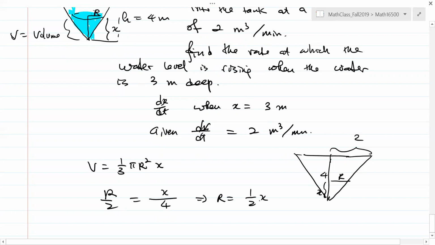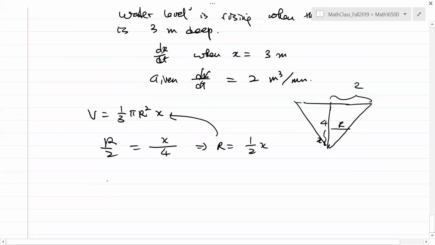Then you plug it into here, and you get the volume. It's going to be 1/3 pi times (1/2 x) squared times x. After simplifying, it's going to be pi over 12 x cubed. So that's the relationship between x and the volume.